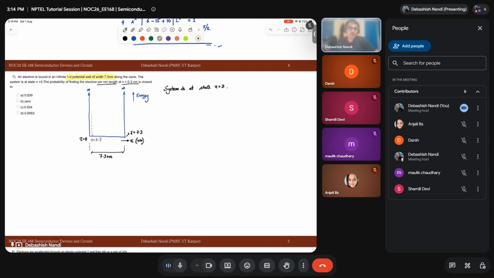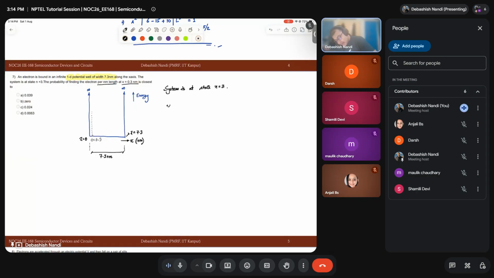Basically it depends on the value of n, and that n value was coming from the boundary condition of psi, right? You remember sine of KL is equal to 0. From that condition, K turned out to be n pi by L, right?